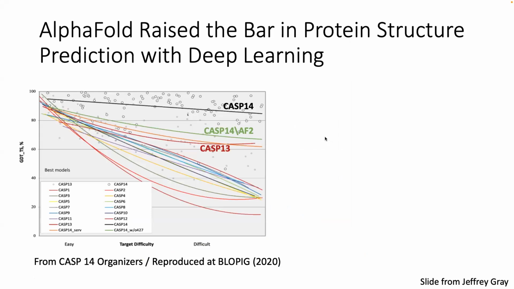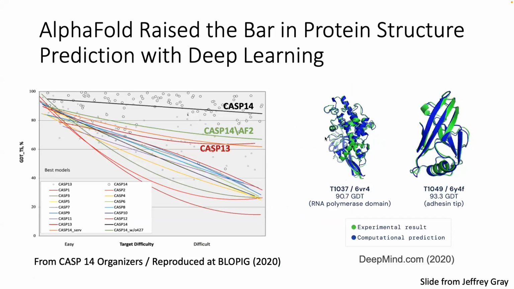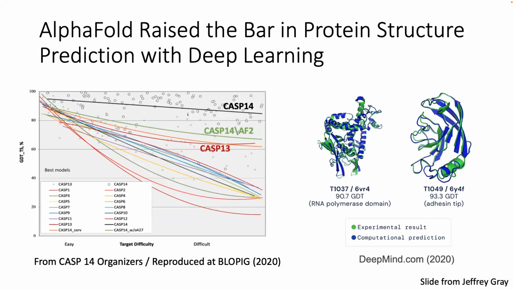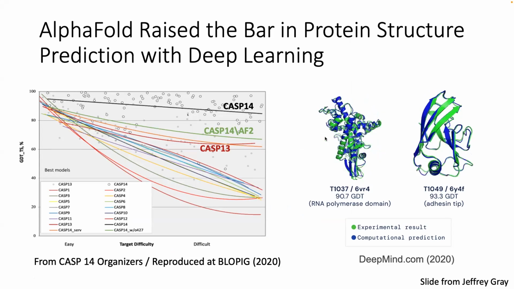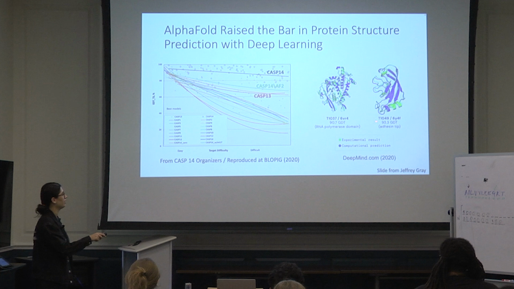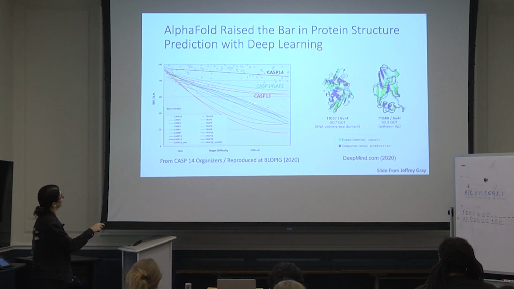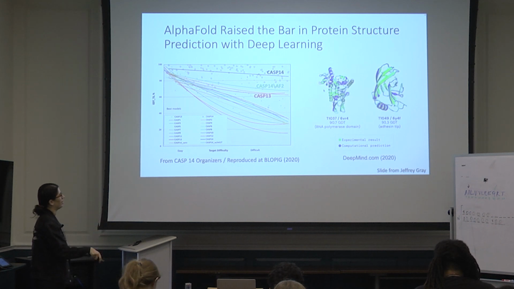You've seen this figure before. We could see that there was a breakthrough, with a success that was never achieved before, in our ability to predict structures. But also, what got us from this point to this point?